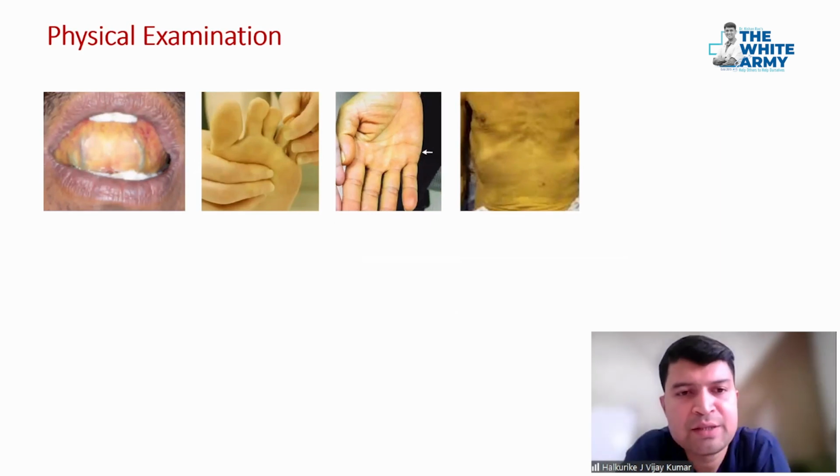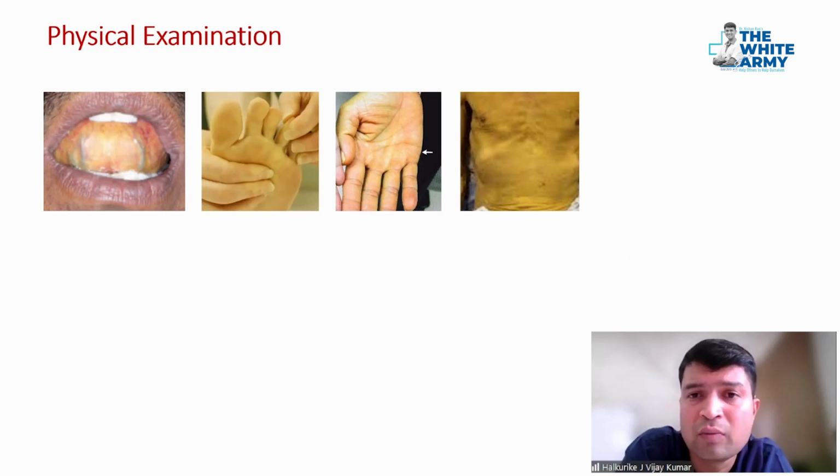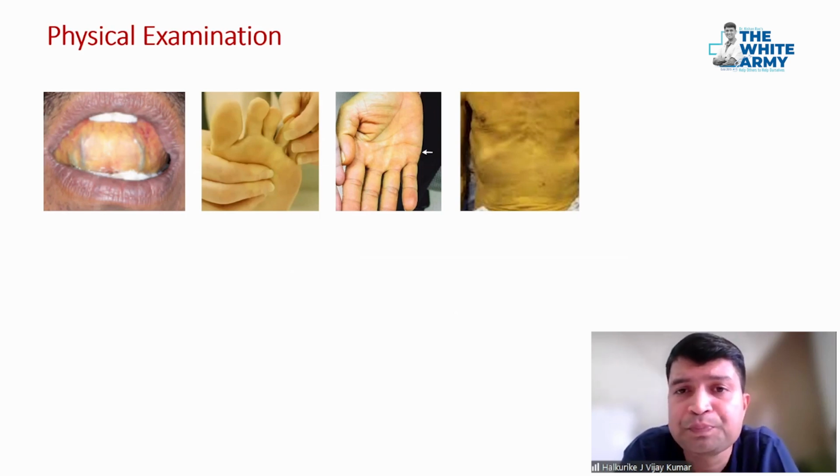Another entity is where else we see yellowish discoloration of jaundice. In pediatrics, it is very important because we can roughly quantify the amount of bilirubin based on the findings. If the palms are yellow in color, the bilirubin level is this much. If the toes are involved, the bilirubin level is this much.